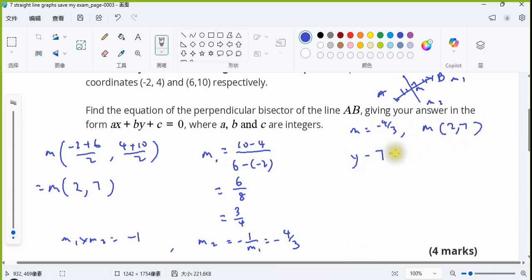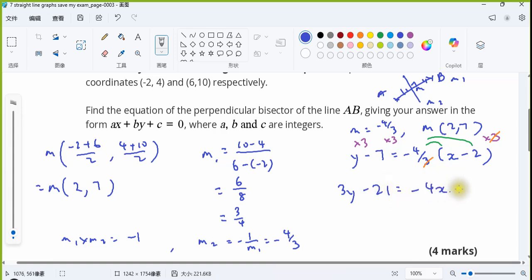So y minus 7 equal to -4 over 3 times x minus 2, and then all multiplied by 3, so this is cancelled. So we have 3y minus 21 equal to -4x plus 8. So we will have 4x plus 3y minus 29 equal to 0.